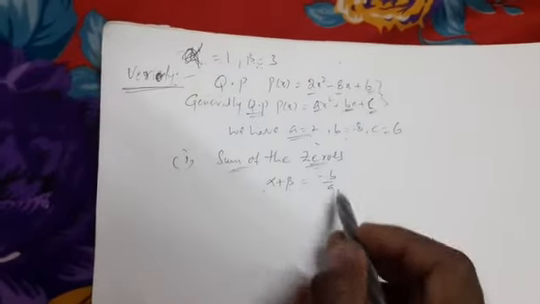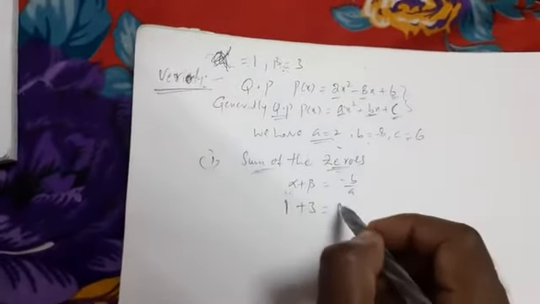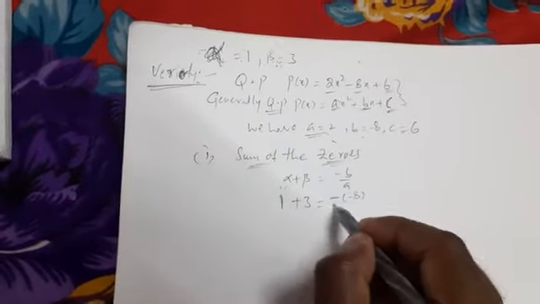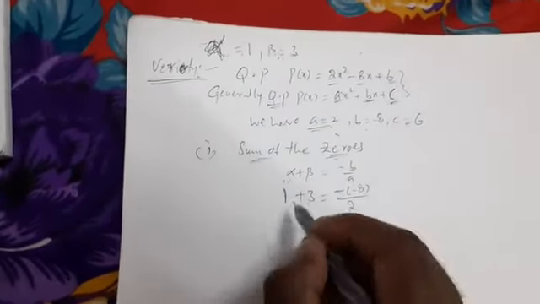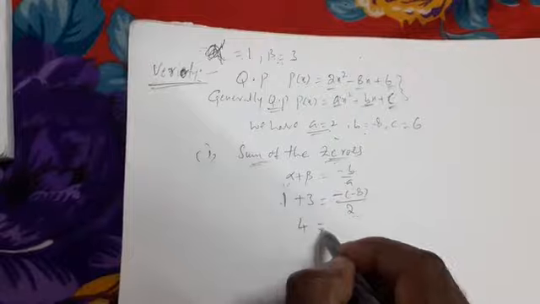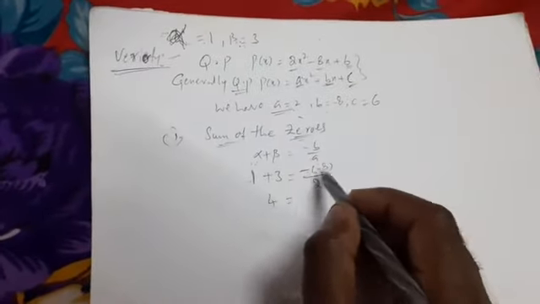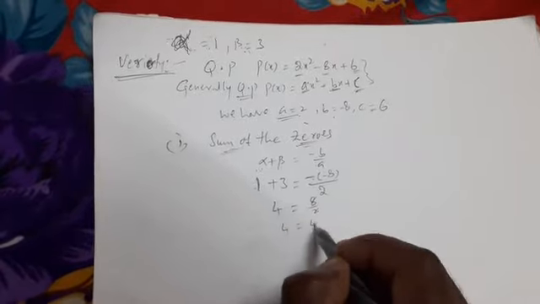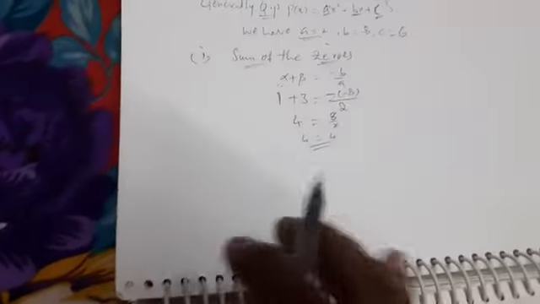Alpha is 1, beta is 3. Minus b is minus of minus 8, a is 2. So 1 plus 3 is 4, and minus and minus is plus 8 divided by 2. If you cancel, both are equal. Verified, both are equal.